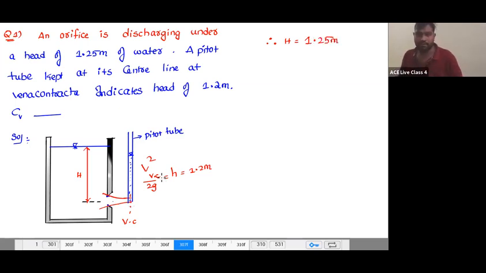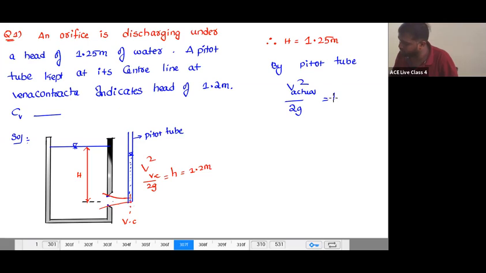So by pitot tube, V actual squared by 2g is equal to h, which is 1.2 meters. V actual is equal to root of 2gh. Yes or no?